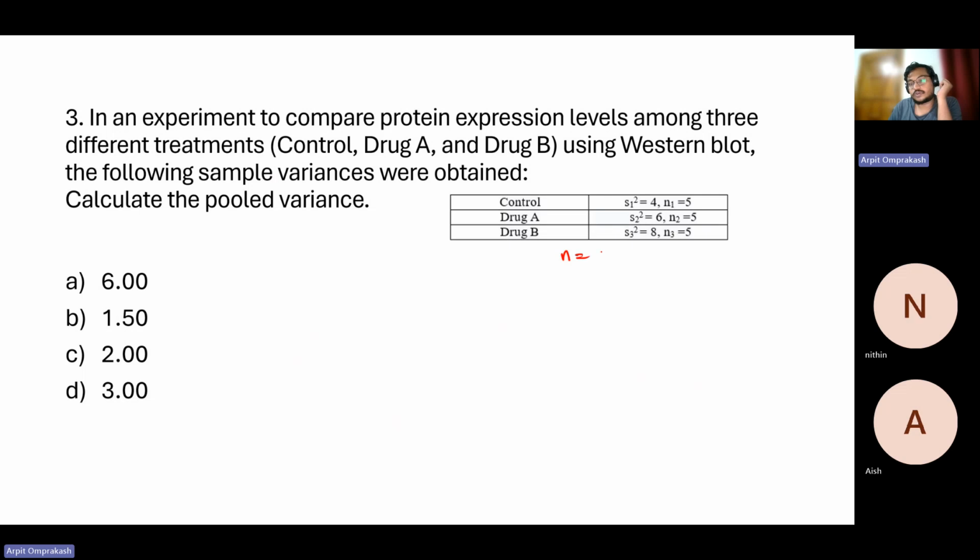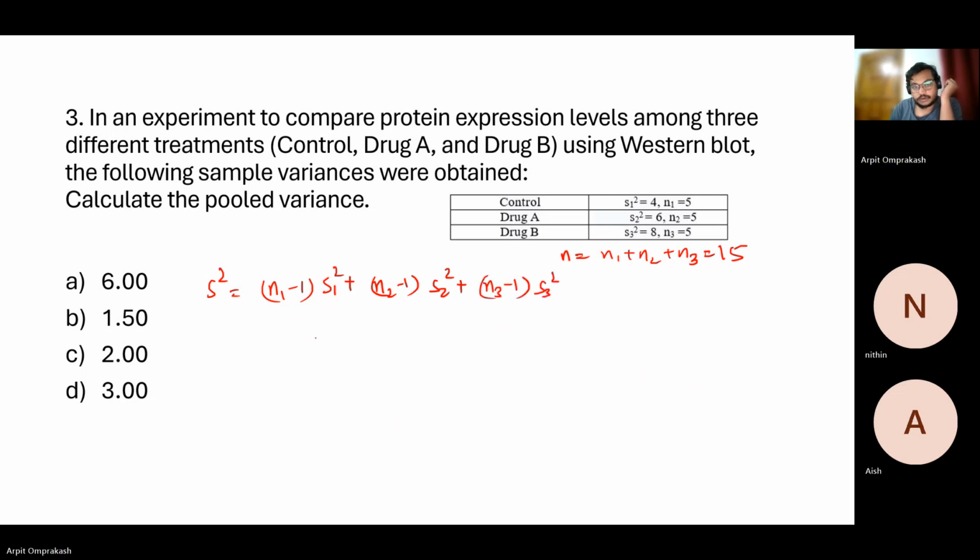As we know, N equals N1 plus N2 plus N3. It will be 5 plus 5 plus 5, 15. Then S square will be equal to N1 minus 1 into S1 square plus N2 minus 1 into S2 square plus N3 minus 1 into S3 square divided by N minus 3.